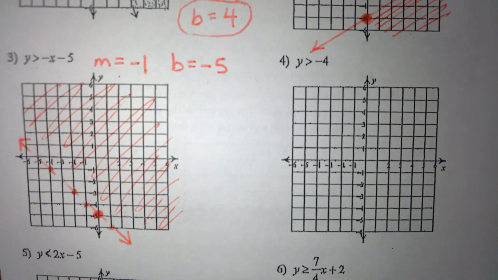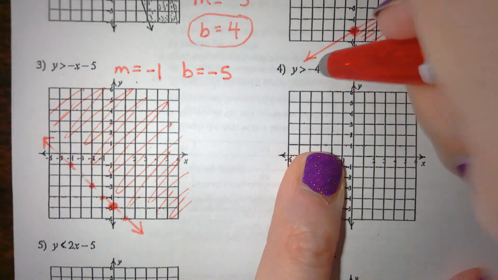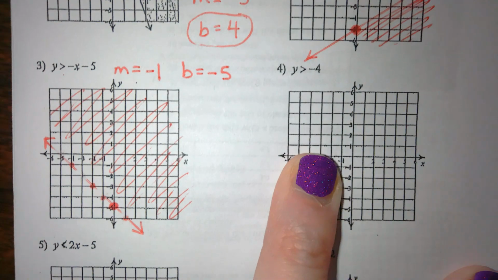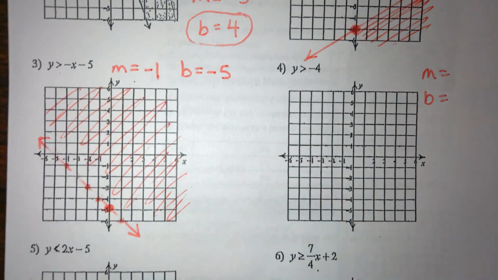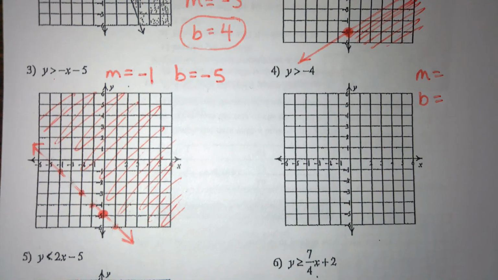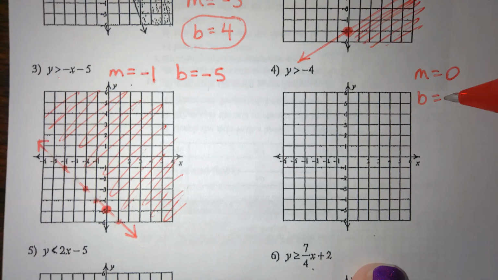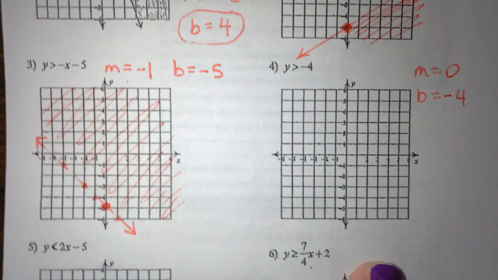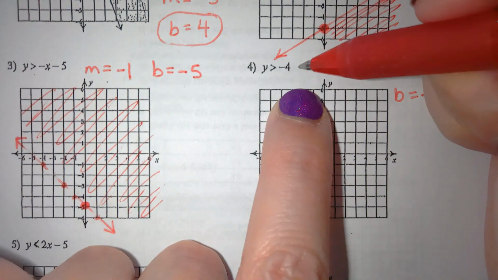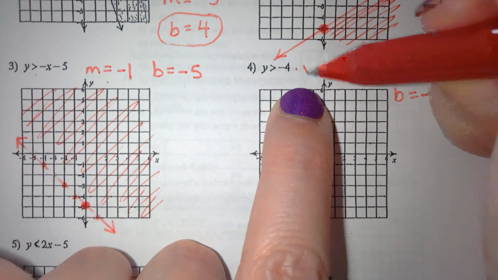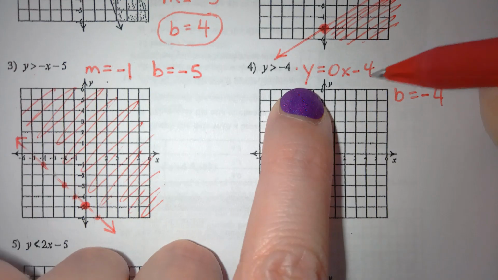Okay, this one is tricky. What is m and what is b in this case? What's m? What's b? Ivan. M is 0. Good job. And b is negative 4. Excellent. If you don't see y, you can always rewrite this as y equals 0x minus 4.